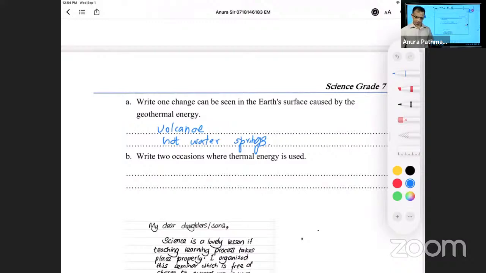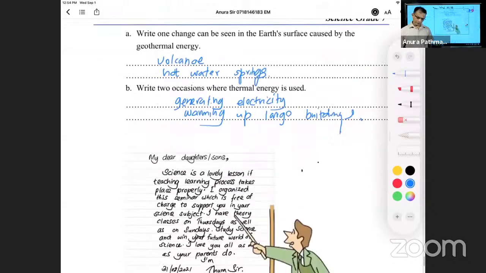To generate electricity. Warming up large buildings.